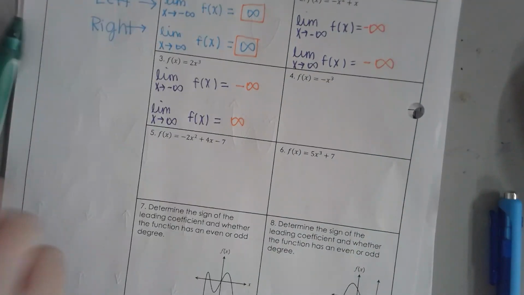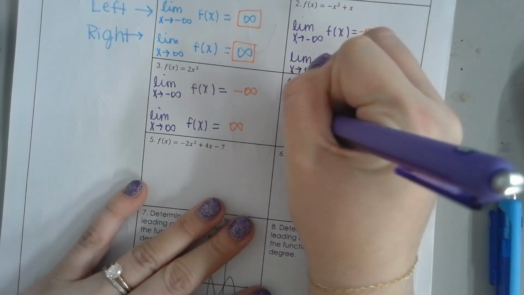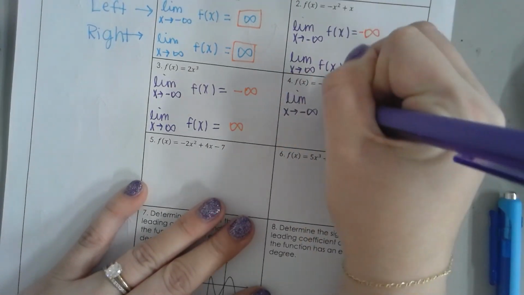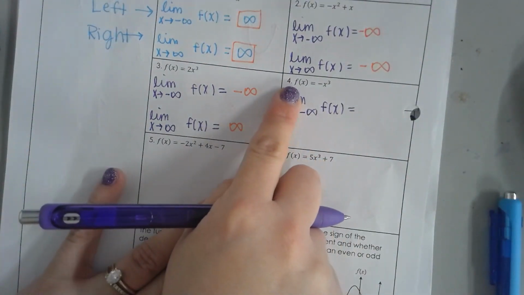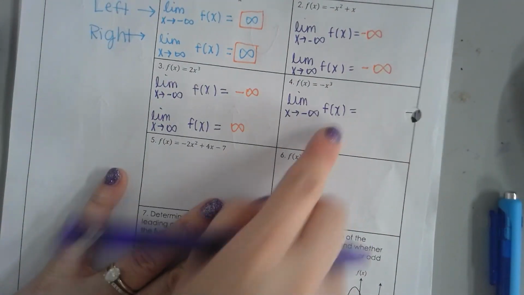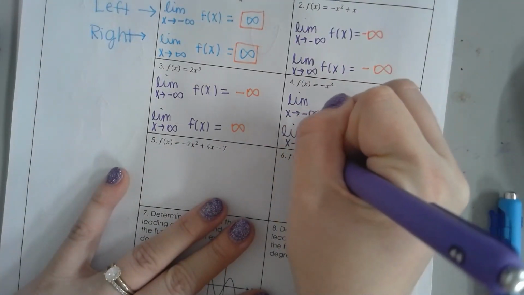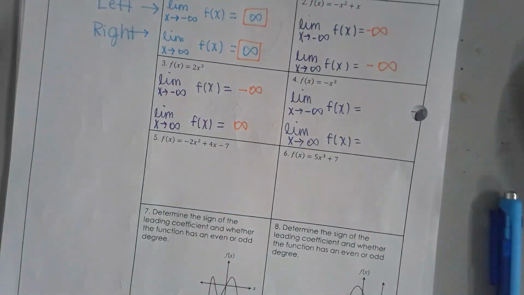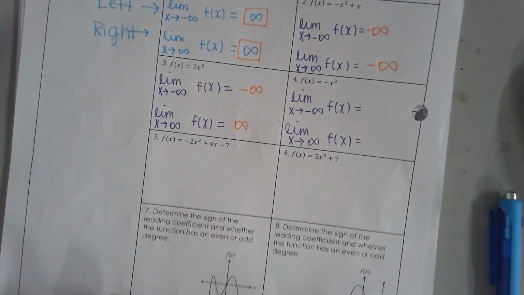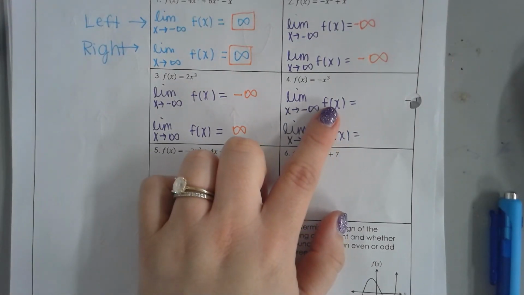So let's go ahead and write the limit as x approaches negative infinity of f of x. Now if this said g of x equals, then I would put g of x there. The limit as x approaches negative infinity of f of x, that's the left side.